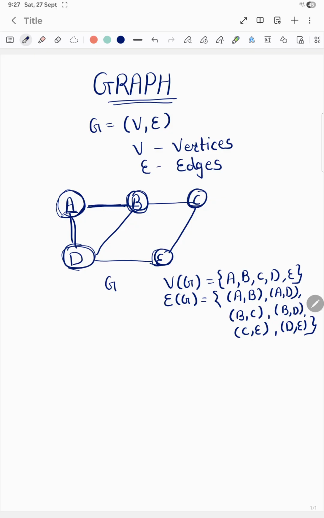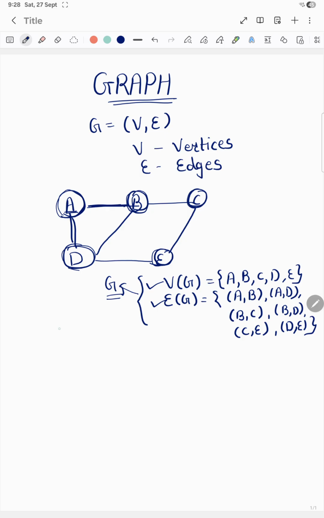For this graph G, this is my V, the vertices, and this is my E, that is edges. So this set of vertices and edges will create a graph G.